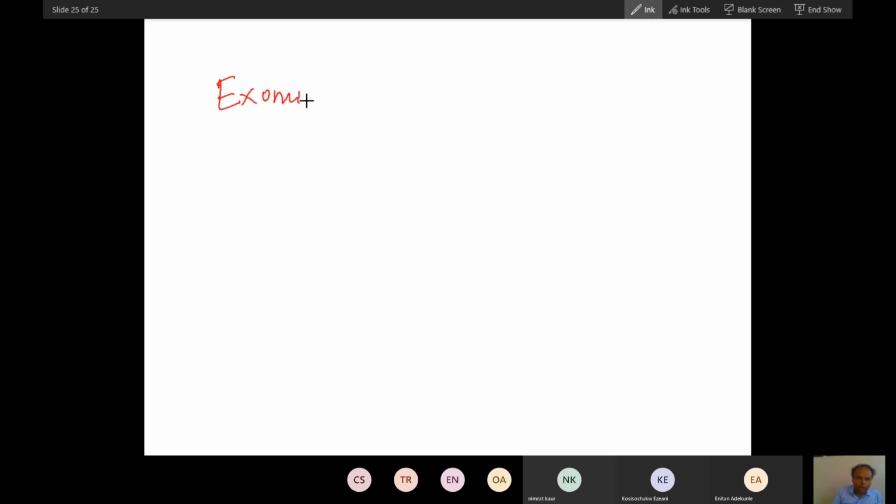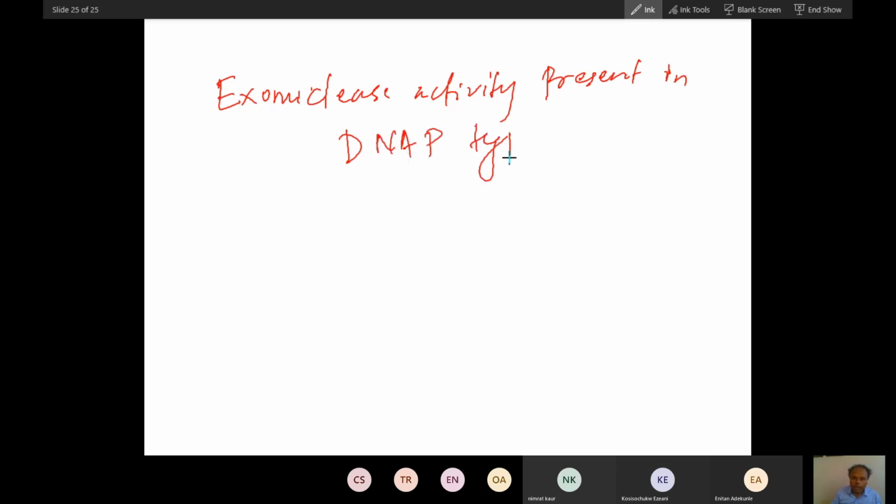Now, describe the exonuclease activity present in DNA polymerase type 1. Which type of exonuclease activity is present in type 1 DNA polymerase?